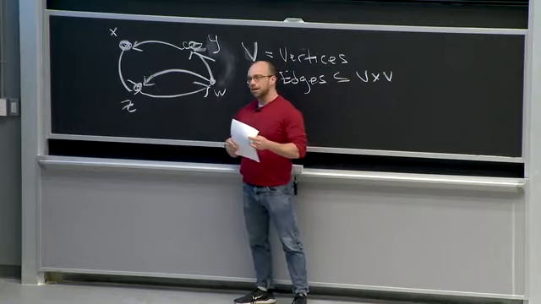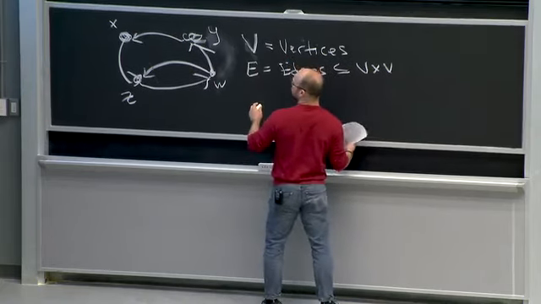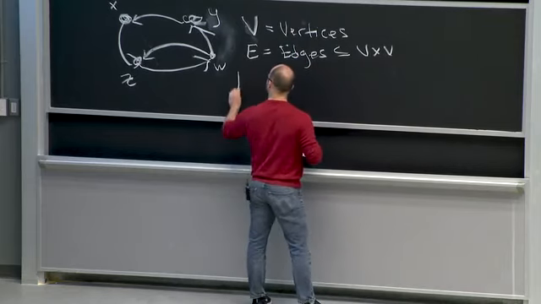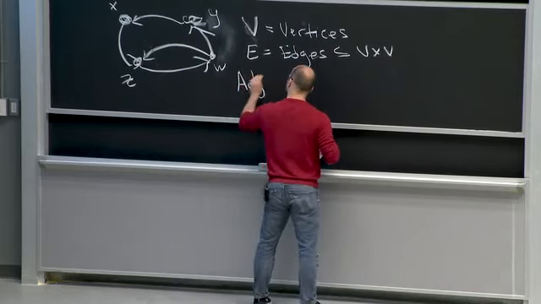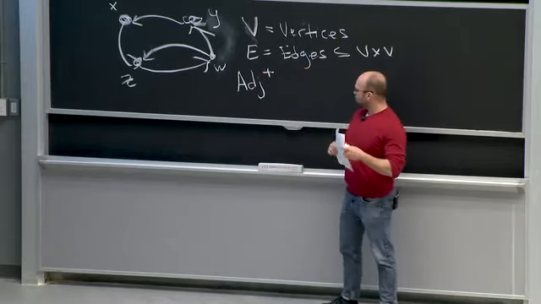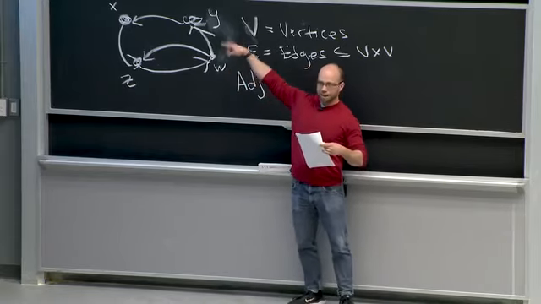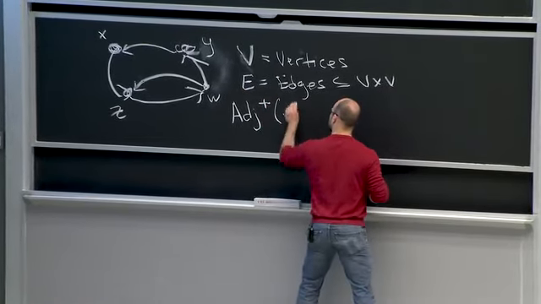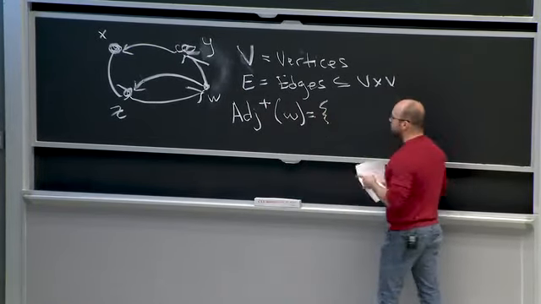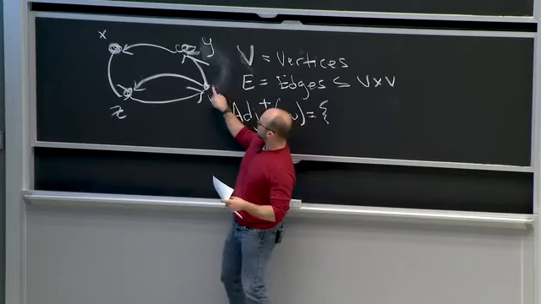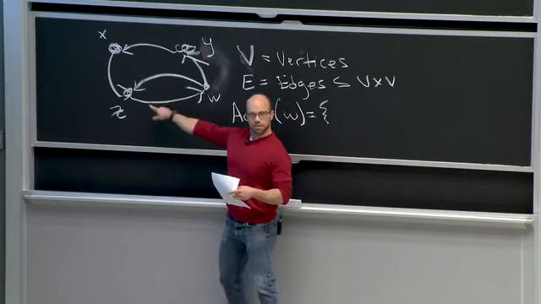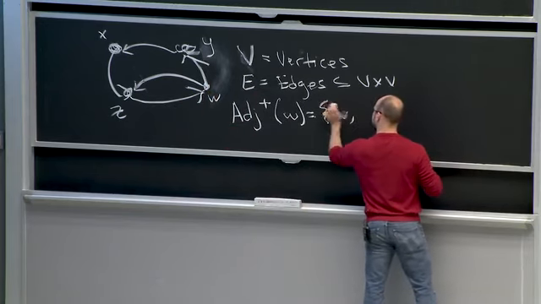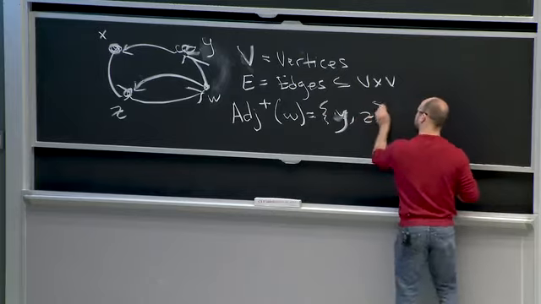In particular, the outgoing neighbors, which we implicitly defined in our previous lecture but didn't call out, we're going to notate with ADJ plus. These are all of the things that you can reach by going out of a vertex into the next one. So for example, ADJ plus of W is going to be the set of vertices. Notice I can get from W to Y and also from W to Z. So Y comma Z.